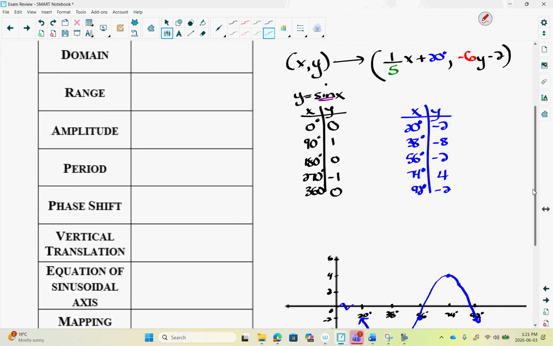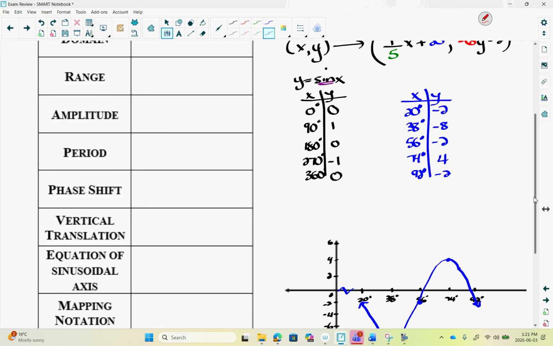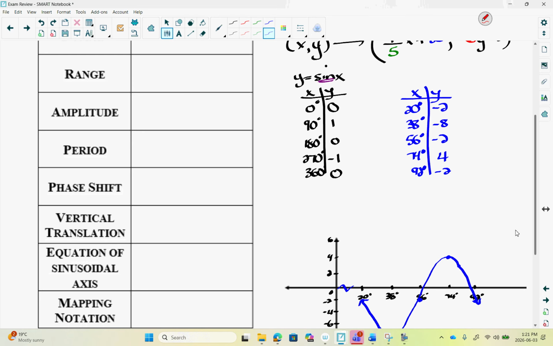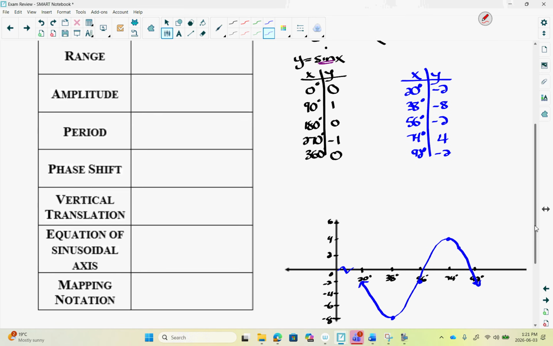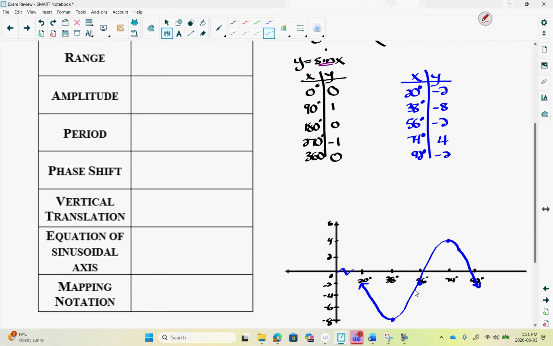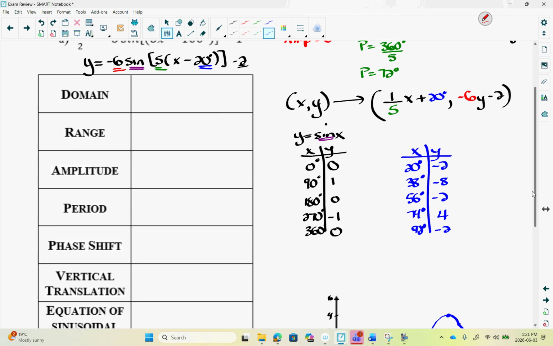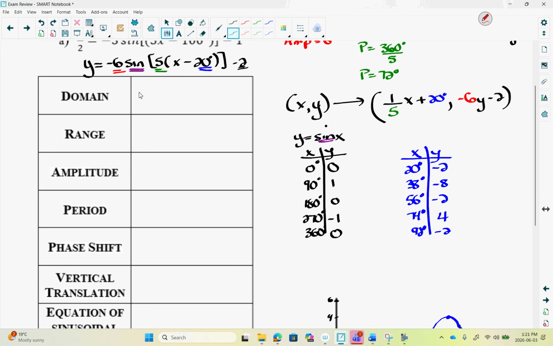Let's fill in our chart. What's the domain of this blue curve? If it goes left forever, right forever, domain would be x such that x belongs to the real numbers. In interval notation, you could write that like so. Negative infinity to positive infinity.